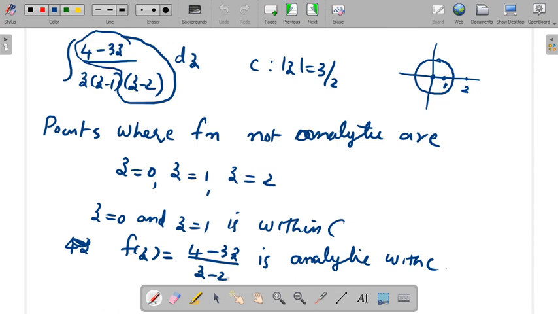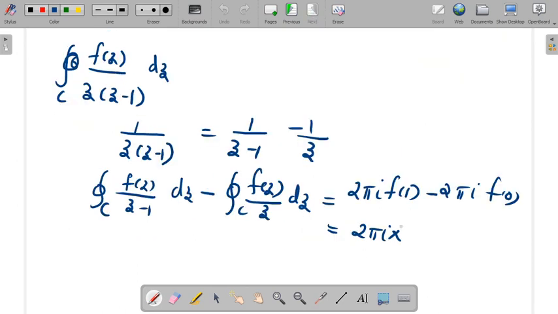So f(1) will be equal to (4 − 3) by (1 − 2), which is −1. f(0) will be equal to −2. So we get 2πi times (−1) minus 2πi times (−2), which is −2πi + 4πi, equal to 2πi. So like this you can separate the denominator and find the integral.